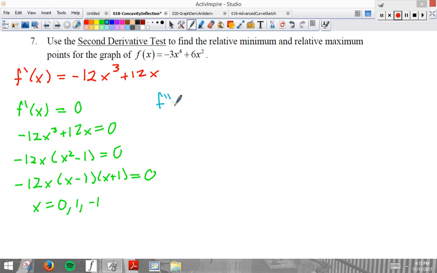Critical numbers can also be found when f prime of x is undefined, but because f prime of x is a polynomial, it's a very important distinction for a problem like this, f prime of x is never undefined. So we have three critical numbers, 0, 1, and negative 1. I'm actually going to write this as x equals to keep in form if I normally write this.